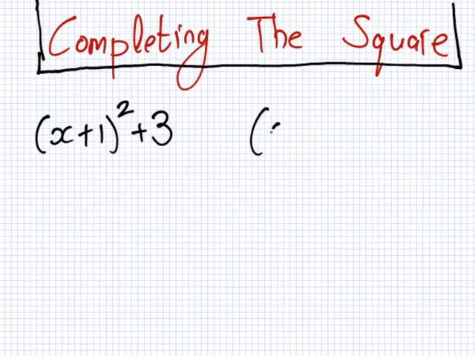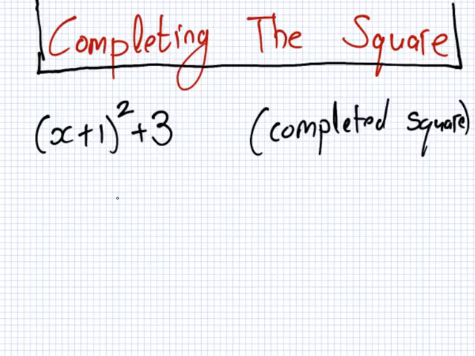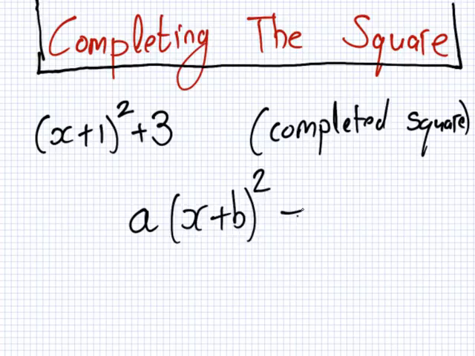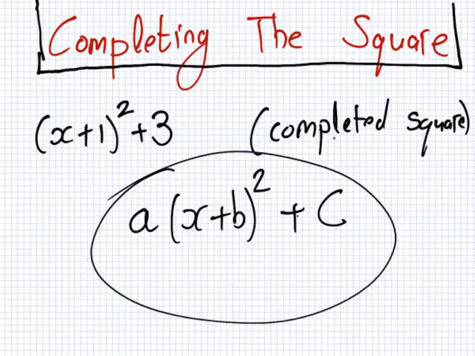This is called a completed square. So when you have something like this, for example, this is called a completed square. You have a square, a number, and a number. Also, you can call it maybe a perfect square.